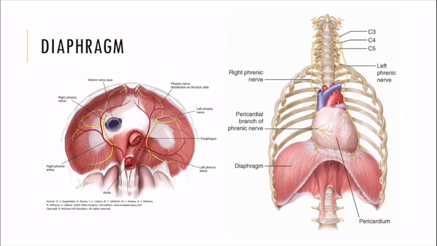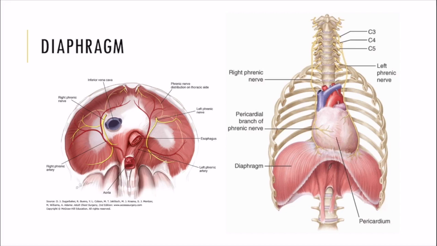But let's really zero in and focus on this diaphragm, this central pressure generator, and also the primary muscle of inspiration. The diaphragm is a very thin, dome-like skeletal muscle, and it really is thin. There are sections that are like 2 to 4 millimeters in thickness.